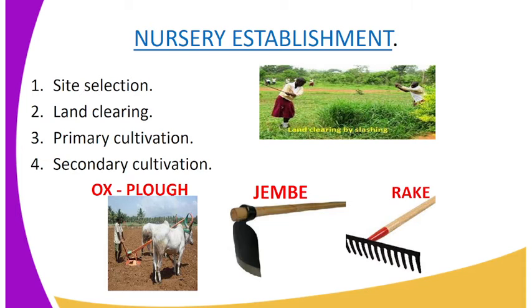Remember, the width of 1.5 meters is very, very important because it facilitates the easy carrying out of the management practices such as watering, disease control, and therefore you can easily be in a position to irrigate both sides when you are just standing from one side. And therefore that width which is 1.5 meters is very, very important.